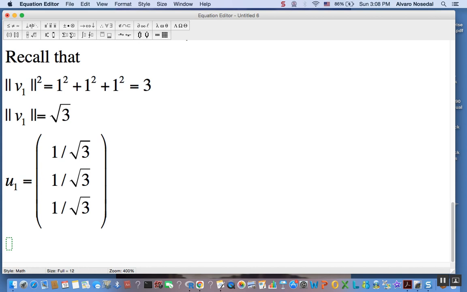So in our lecture notes, I prepared an example where we see that y, a generic vector in R3, can be easily expressed as a linear combination of u1, u2, and u3. Makes sense? So next, that's what we're going to be doing.